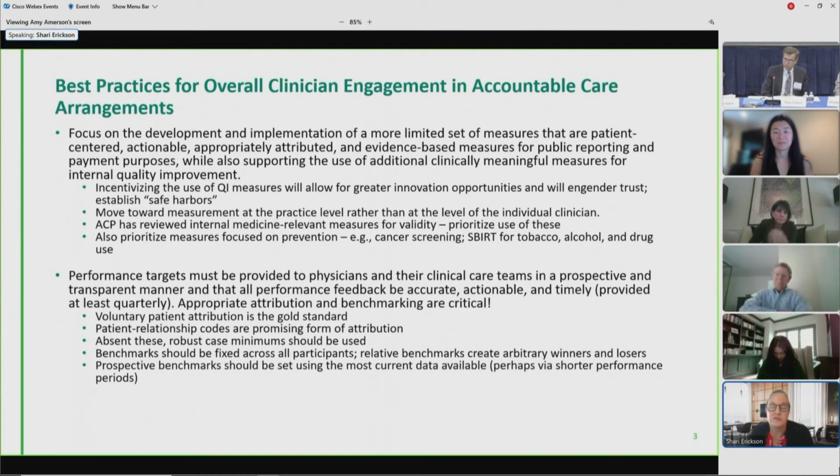The patient relationship codes are one promising form of attribution, but absent these, we need robust case minimums to be used. Additionally, benchmarks need to be fixed across all participants. Relative benchmarks, as we've seen, create really arbitrary winners and losers. And we need to use the most current data available, perhaps via shorter performance periods, to try to move this forward. Next slide, please.